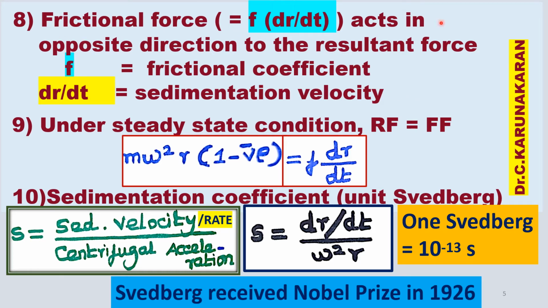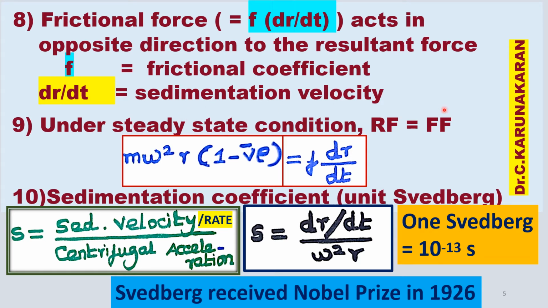Therefore, there is a frictional force acting in the direction opposite to the resultant force. The frictional force is given by the formula f into dr by dt. The dr by dt is called the rate of sedimentation or sedimentation velocity. f is called the frictional constant or frictional coefficient.